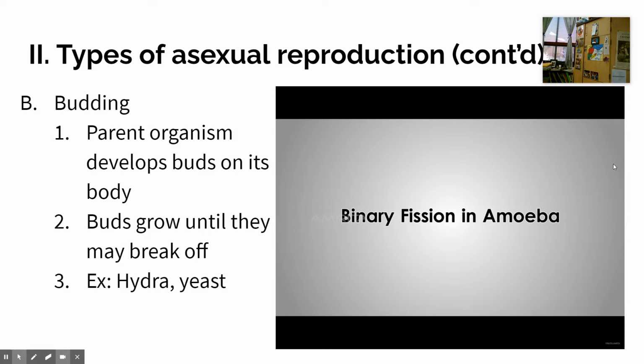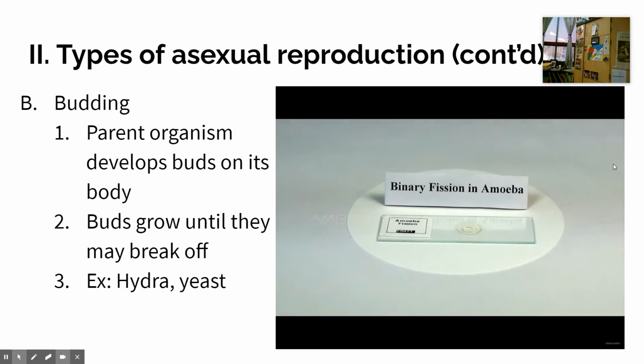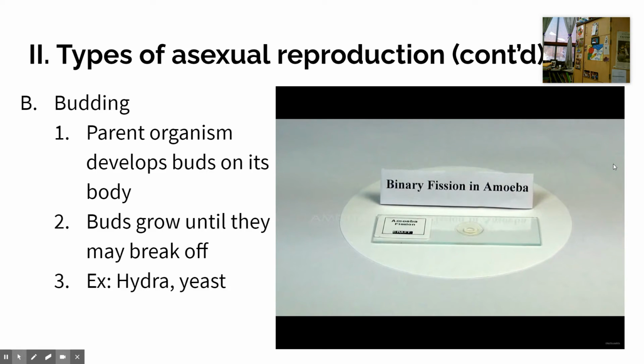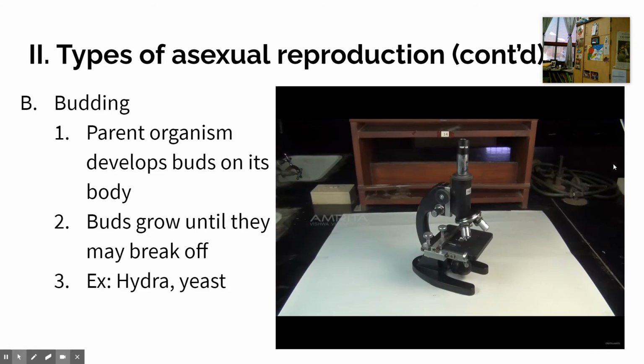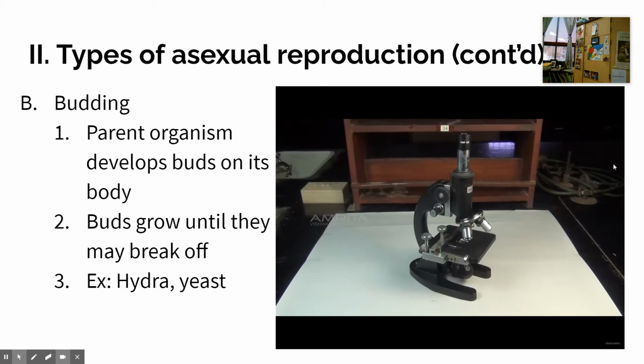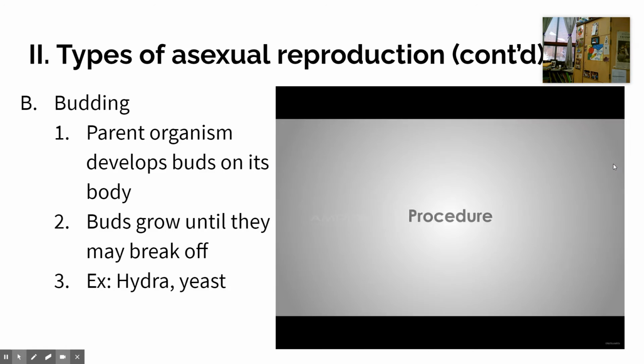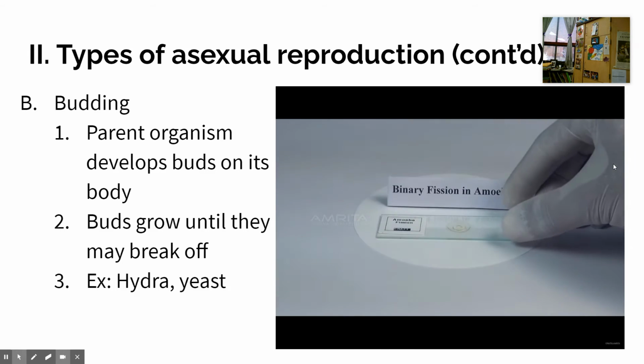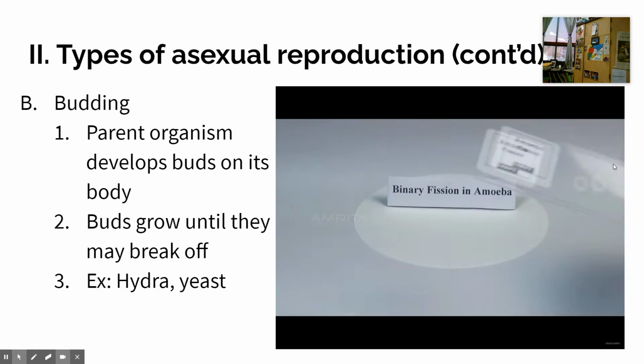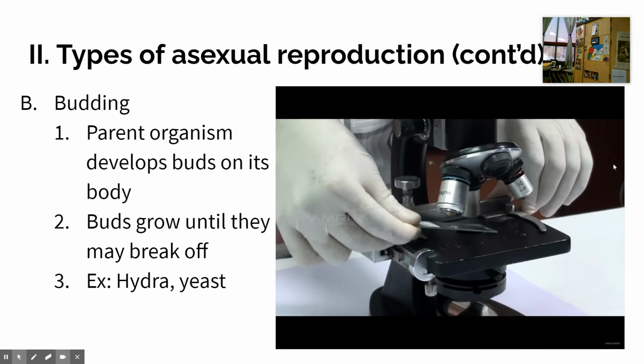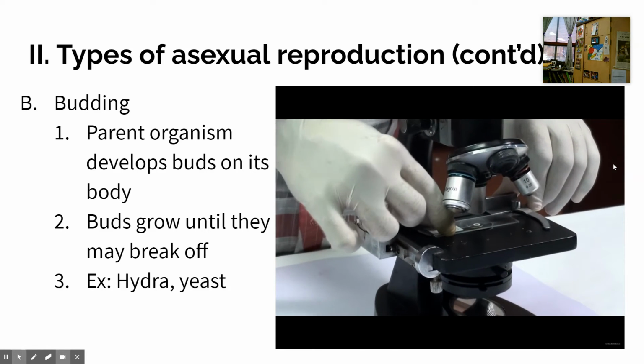Binary fission in amoeba. Materials required: a permanent slide of binary fission in amoeba and a compound microscope. Procedure: take the permanent slide of binary fission in amoeba and place it on the stage of the compound microscope.